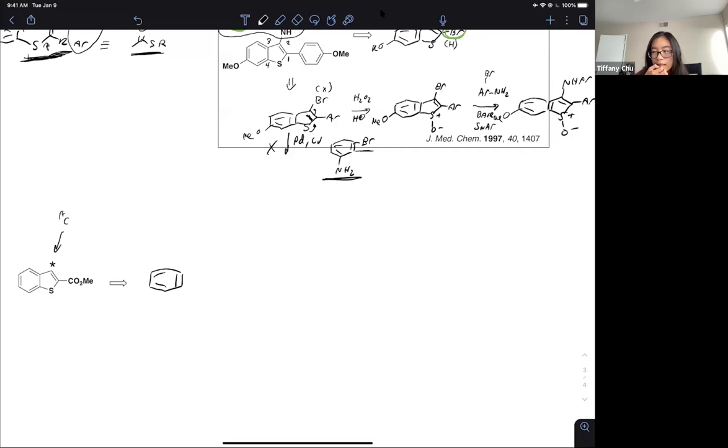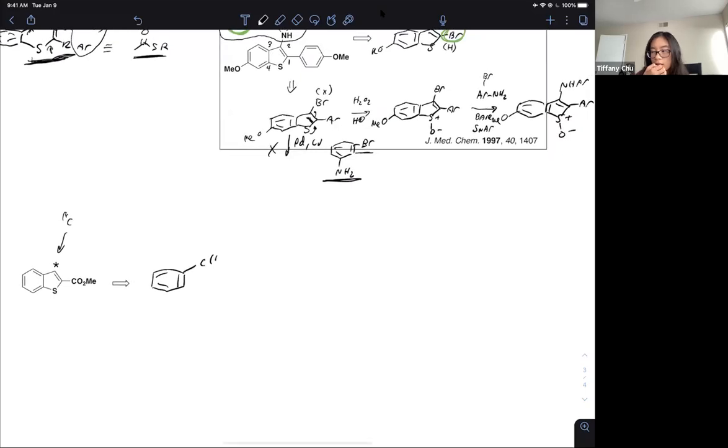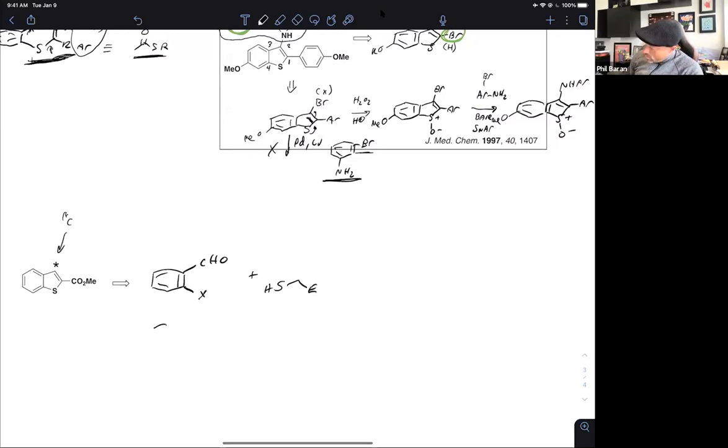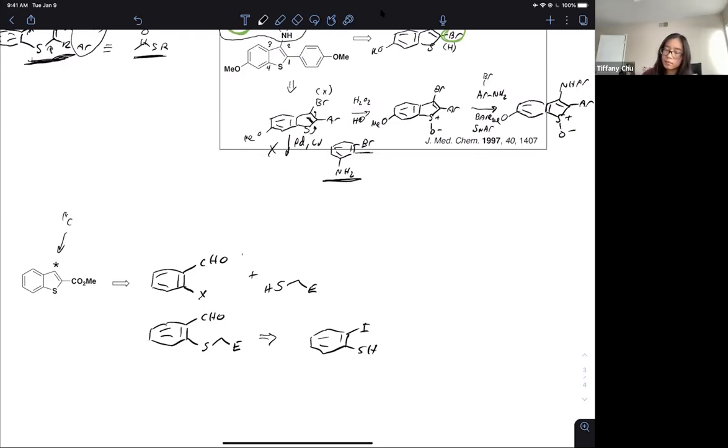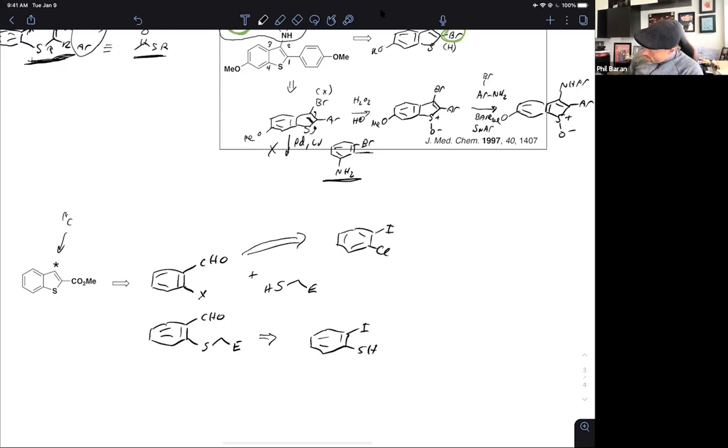Maybe disconnect to the aldehyde and the thiol, or yeah, exactly. And how about an X here? Or your opposite disconnection would be... so we do our labeled DMF for this one.